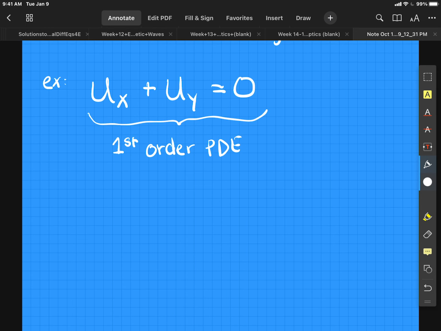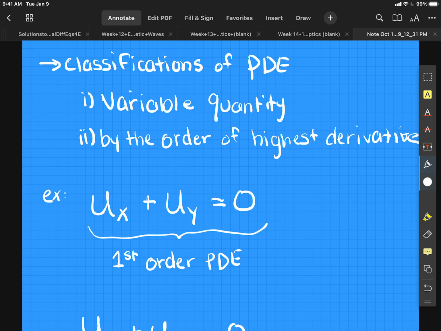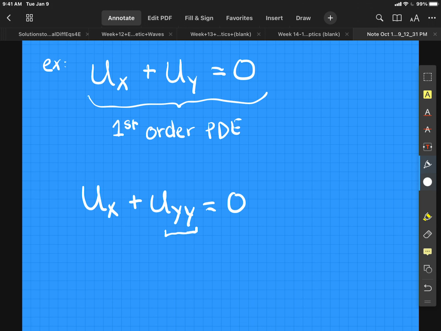Likewise, say I had another function, the same function u, but this time we take, say, two derivatives with respect to y, equals 0. Because this one denotes two partial derivatives, and the requirements have us go by the order of the highest derivative, the highest derivative here is of order 2.